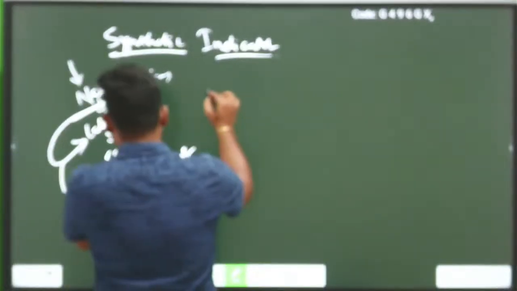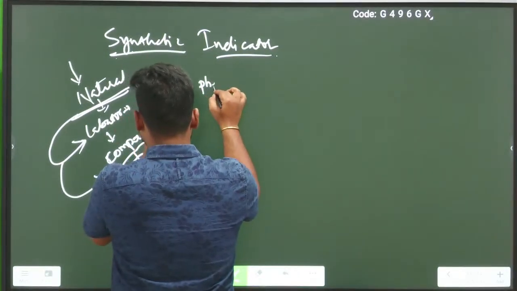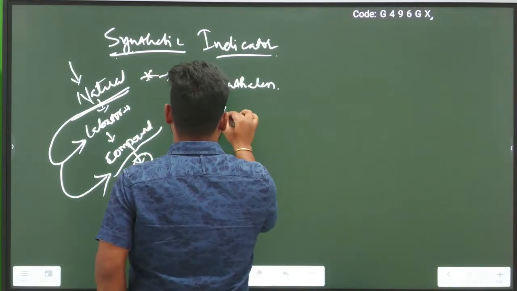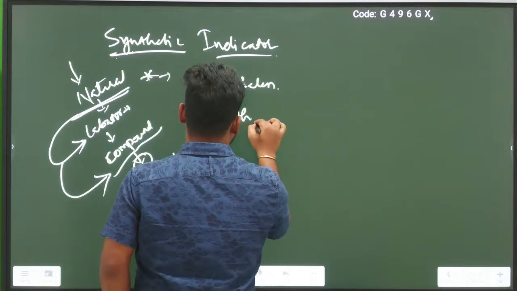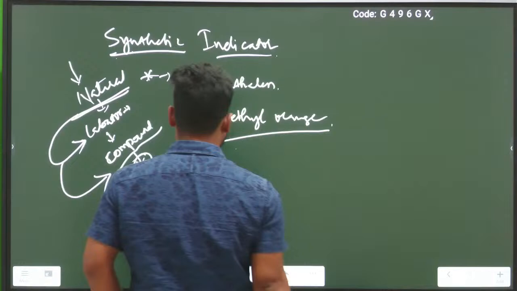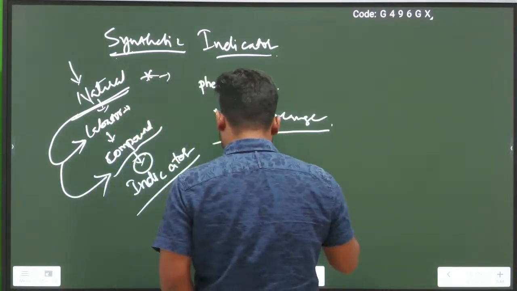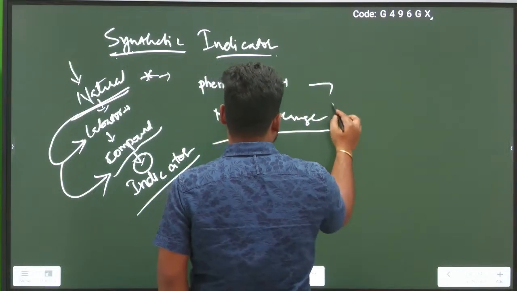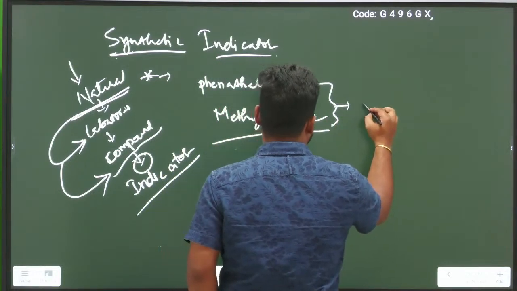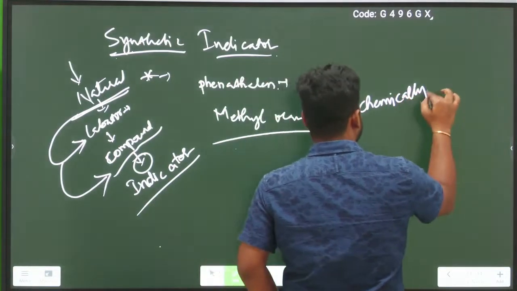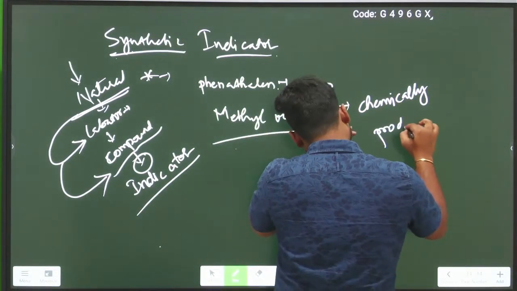These indicators are like phenolphthalein and methyl orange. Okay, this phenolphthalein and methyl orange, both are chemically produced in laboratories.